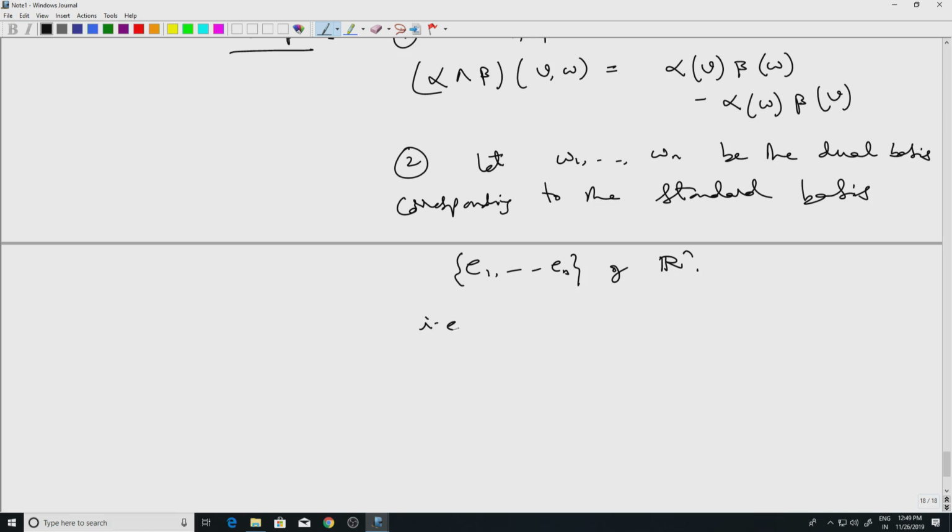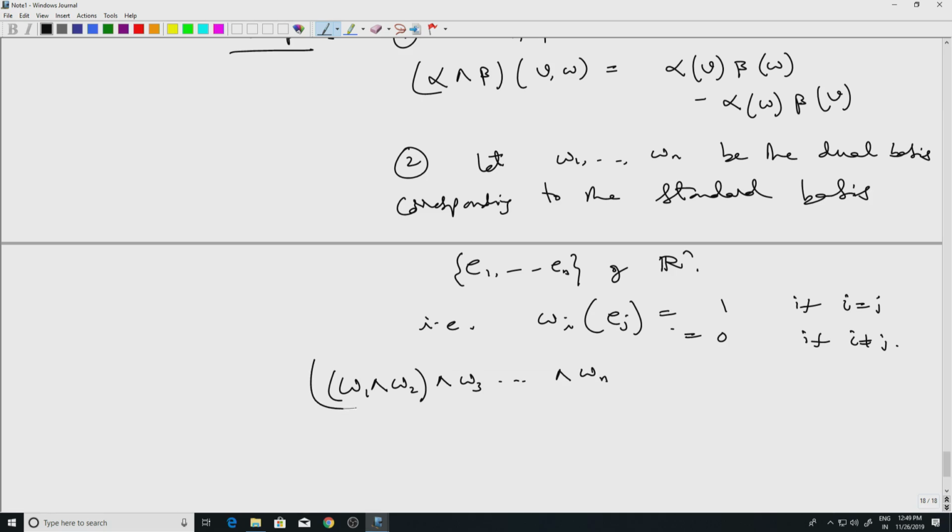That is, omega i of e j equals 1 if i equals j, and equals 0 if i is not equal to j. So let's look at omega 1 wedge omega 2 wedge omega 3 etc., all the way up to omega n.